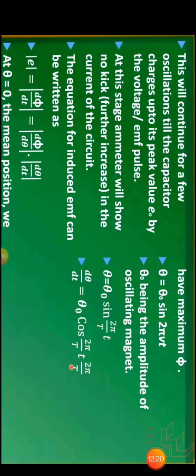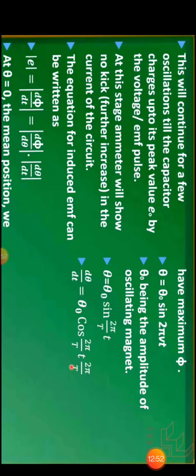At θ equal to 0, the mean position, we have the maximum value of φ. Therefore, dθ upon dt can be deduced from the equation, because dφ upon dt is equal to 0 at θ equal to 0.